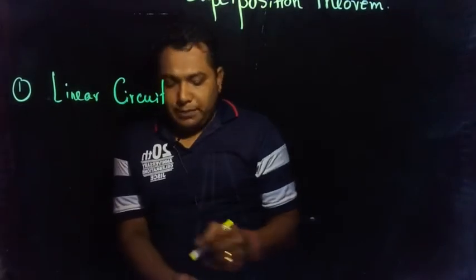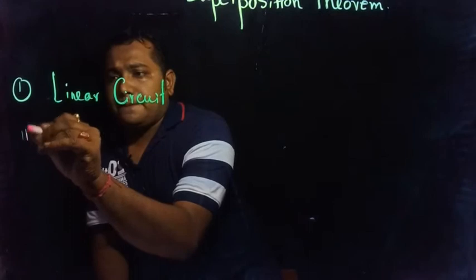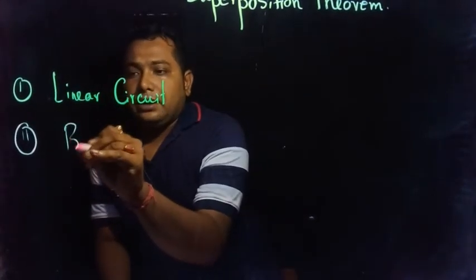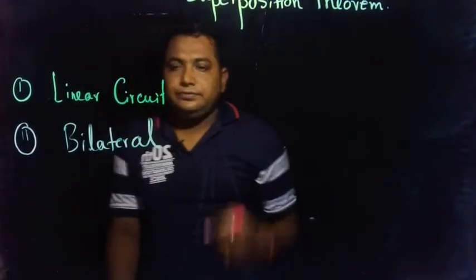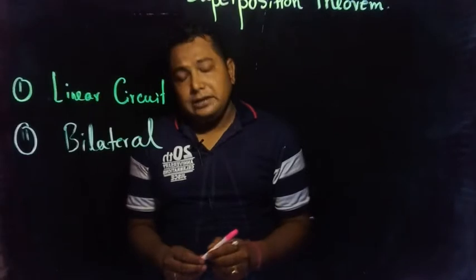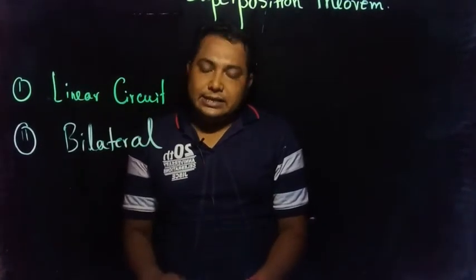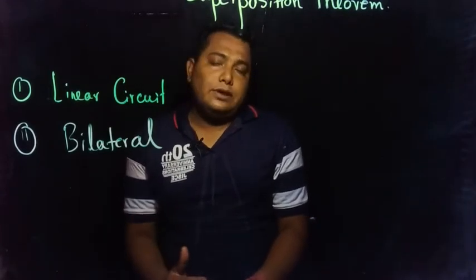Number 2, the circuit should be bilateral. So what does bilateral mean? First we have to know what a linear circuit is, then we have to understand what a bilateral circuit is, and after that we will solve the other things.